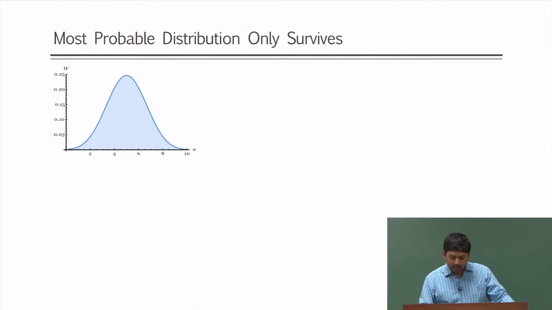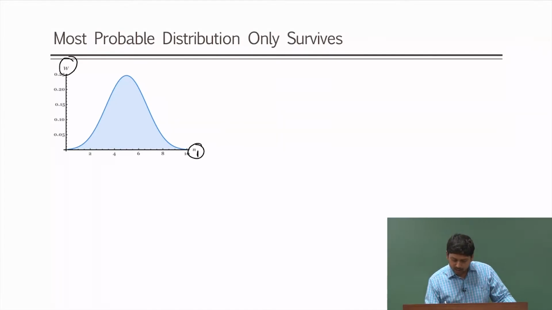Why were they not happening? Why is only one distribution, which is just half, the most probable distribution, surviving? We can see that from here. Here we are plotting the W, which is the number of microstates for possible distributions, with respect to the number of particles in one box, which we can call N1, versus the other.